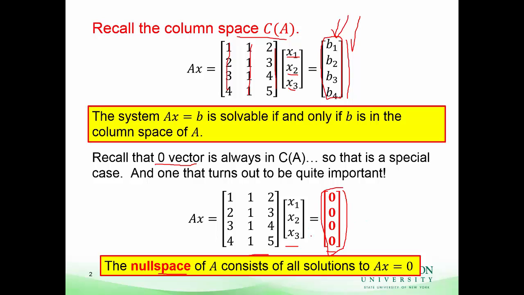In this context, I might say all the x vectors that, under the operation of A, map into the 0 vector. So that's just another way of saying all the solutions to AX equal to 0. So the null space is all the vectors X that would map into the 0 vector under the operation of multiplying by A.